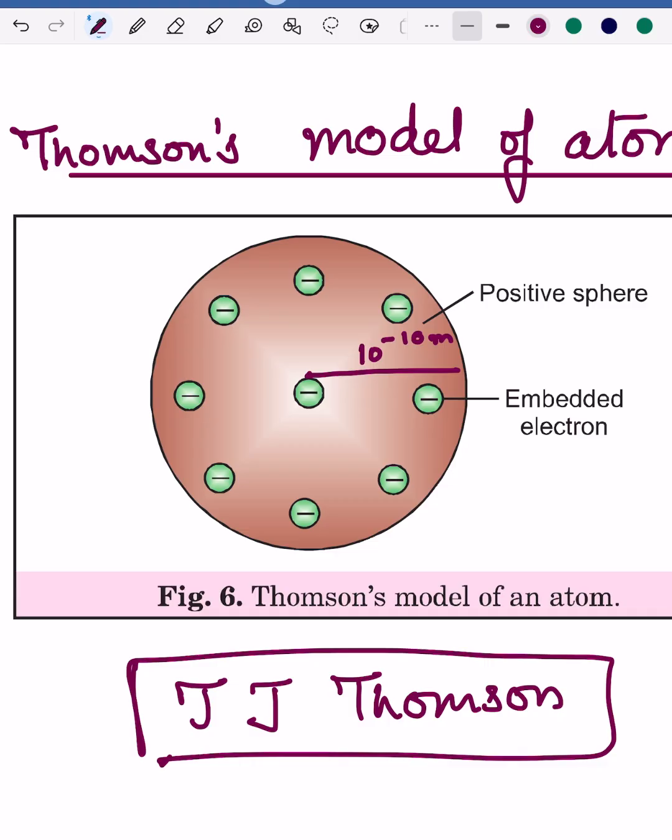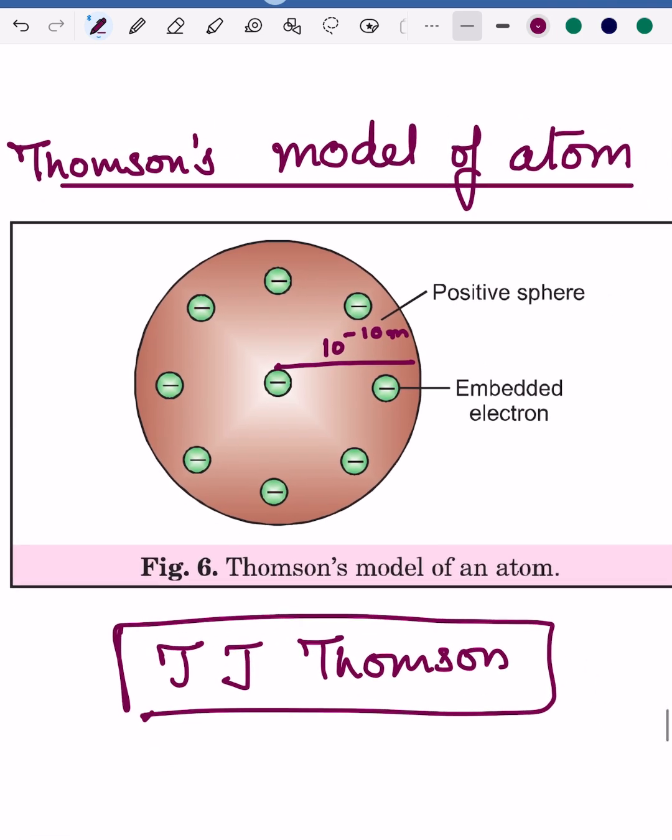And this model, he called it as the plum pudding model, or you can also call it as the watermelon model. So this is same way, just like raisins are embedded inside the pudding, or the seeds of the watermelon are embedded inside the watermelon, the same way these negatively charged electrons are embedded in this positively charged sphere.